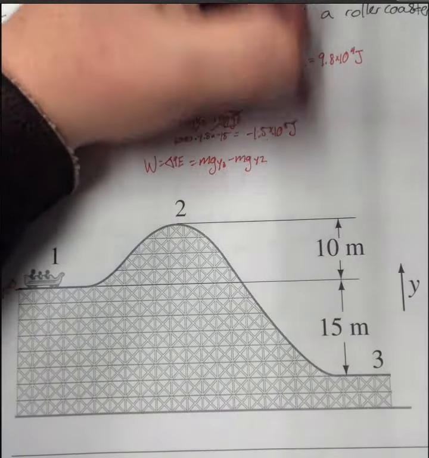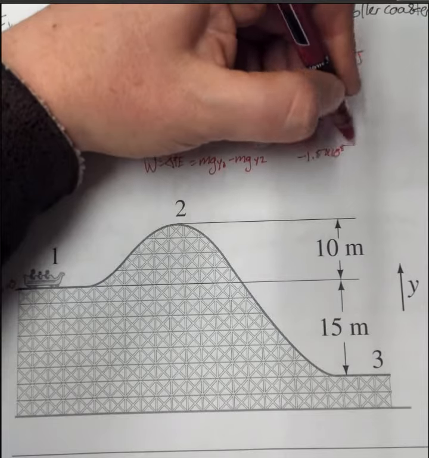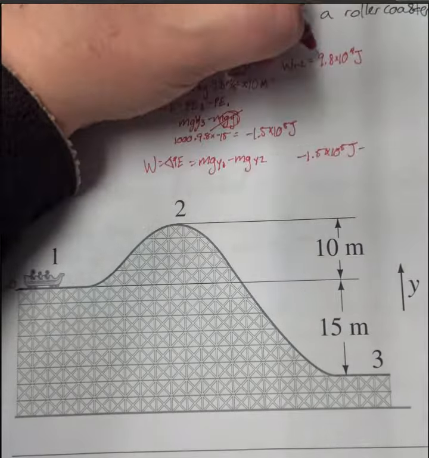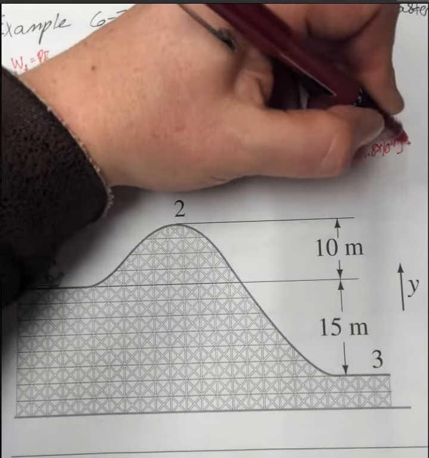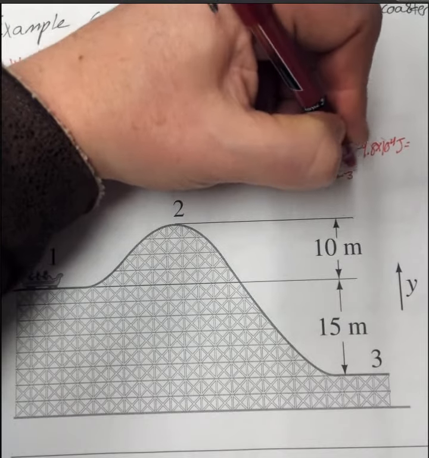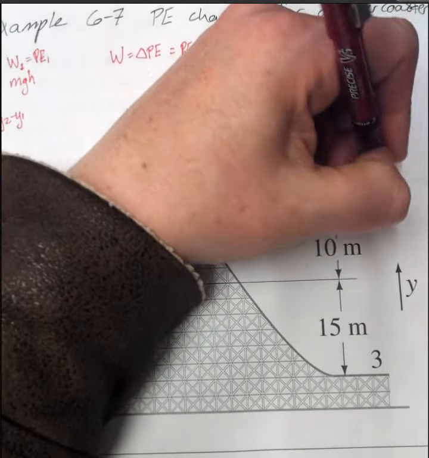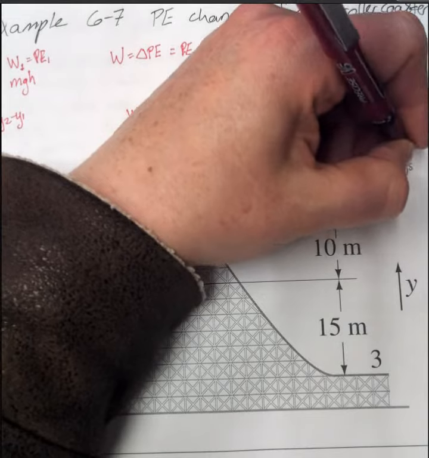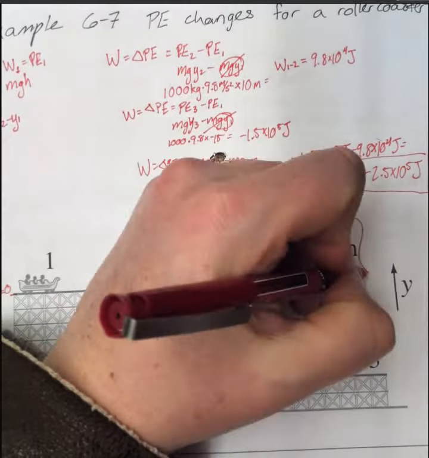I'm going to take mgy3, negative 1.5 times 10 to the 5th joules, and subtract 9.8 times 10 to the 4th joules, and I get the change in potential energy from point 2 to point 3 is going to be equal to negative 2.5 times 10 to the 5th.